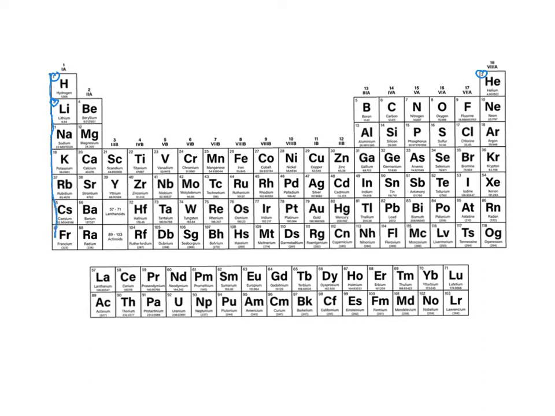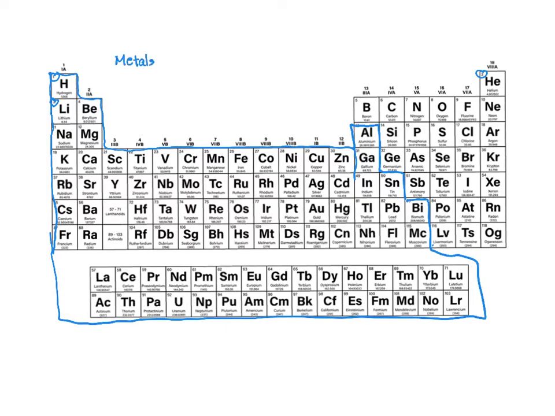One unit is going to include all this stuff here, all the way down to there, and all the way across here. Everything that's enclosed in that blue box that I just drew is what we call metals.